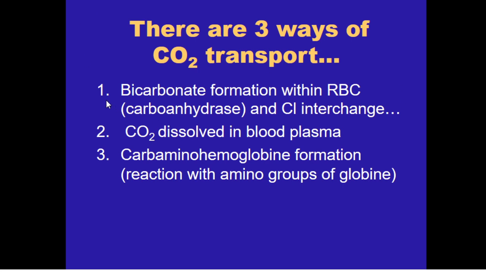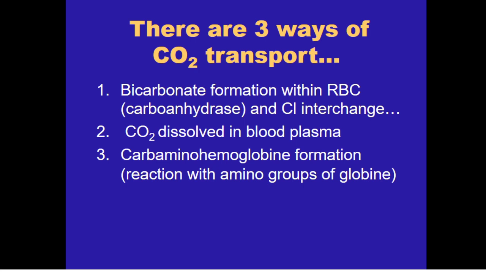So the first is bicarbonate formation within red blood cells, the carboanhydrase reaction that I showed you, and exchange with chlorine. This is also named the Hamburger effect. When carbon dioxide is coming inside of the erythrocytes, the chlorine will go away.